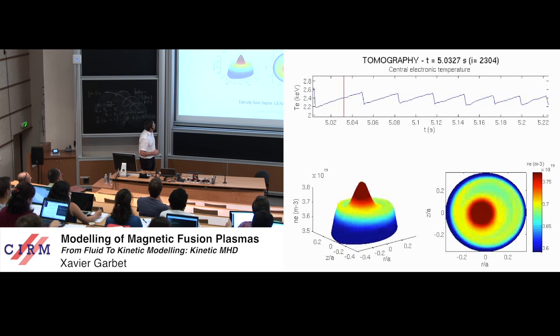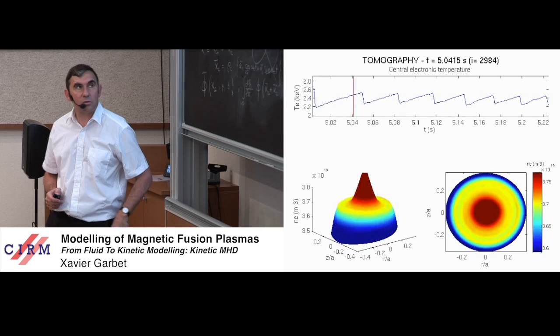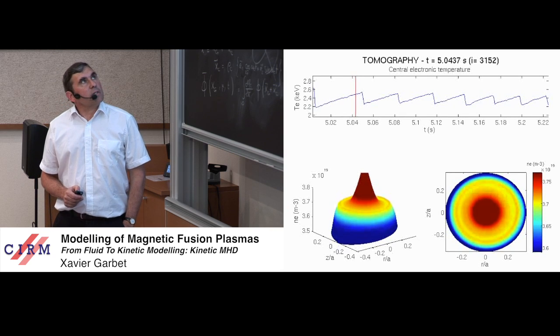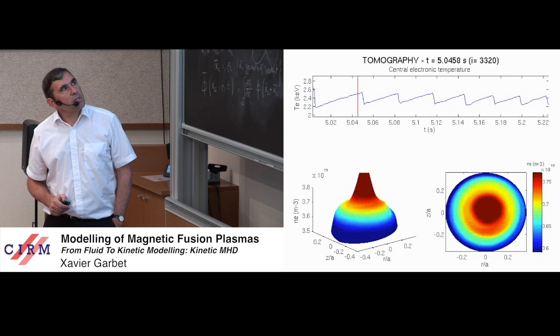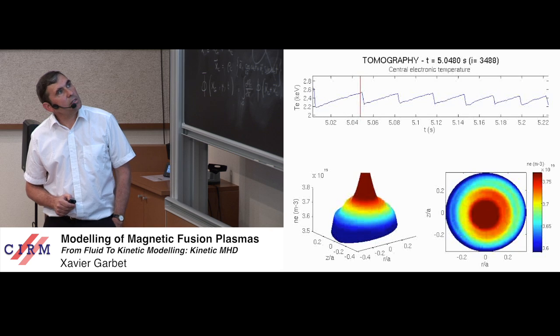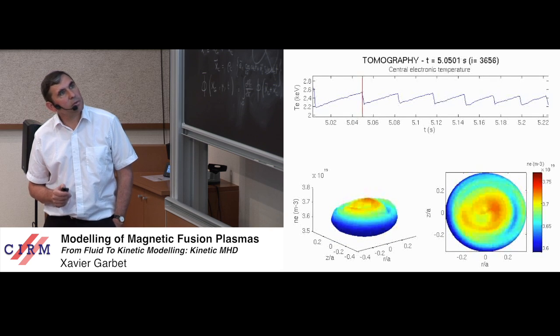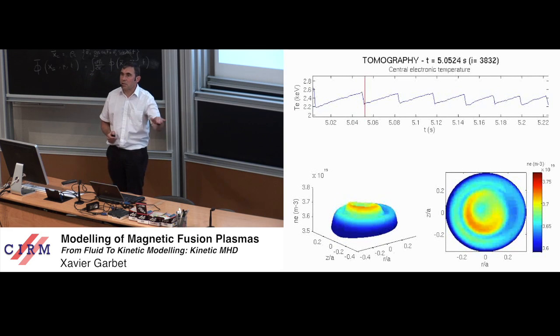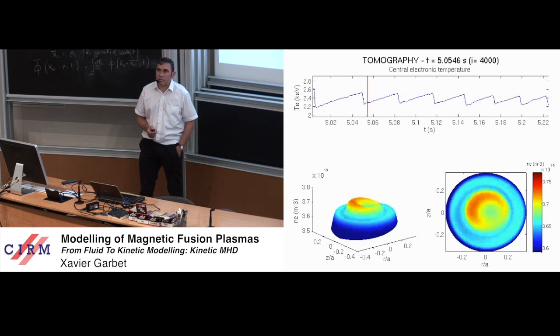You're typically building up your density. As you can see, the motion here is kind of unbalanced, which corresponds to the beginning of the instability. This is more pronounced here, it's larger and larger, and then suddenly you see a crash. The whole thing is erased, or flattened.